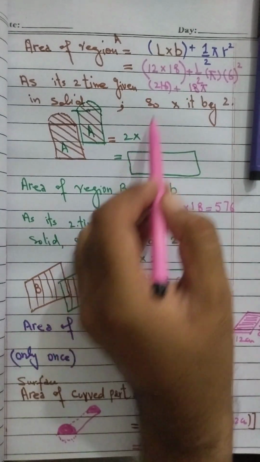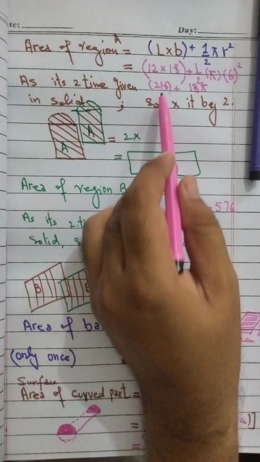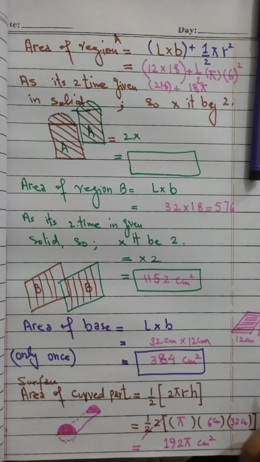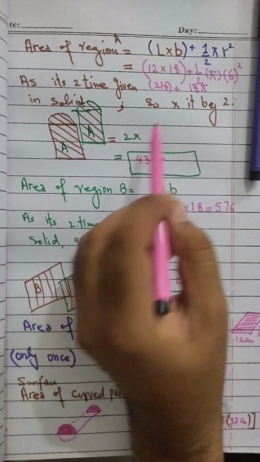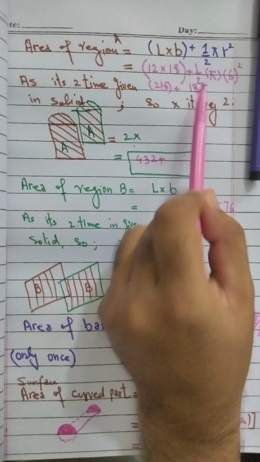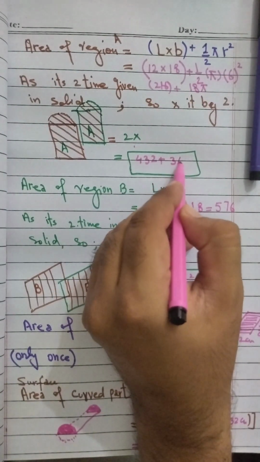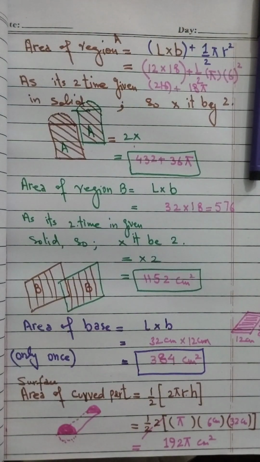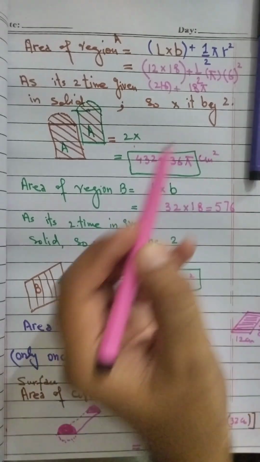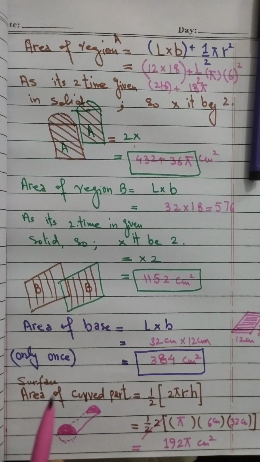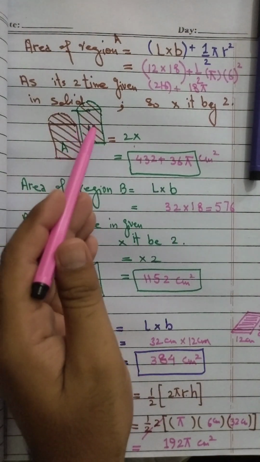When we multiply these by 2, it becomes 432 plus 36 pi centimeter square. Now we have solved all of its regions.